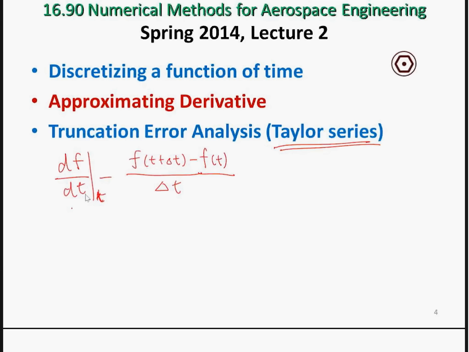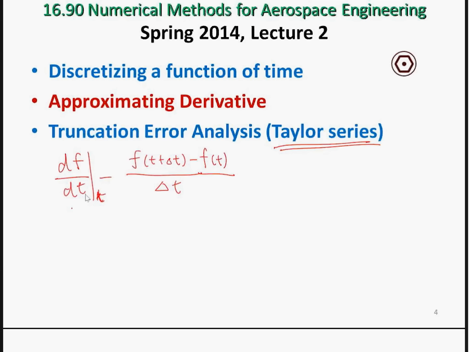We can apply Taylor series in two ways. One way is more convenient, and the other is more inconvenient, but still works. The most convenient way is to expand f at t plus delta t using Taylor series.